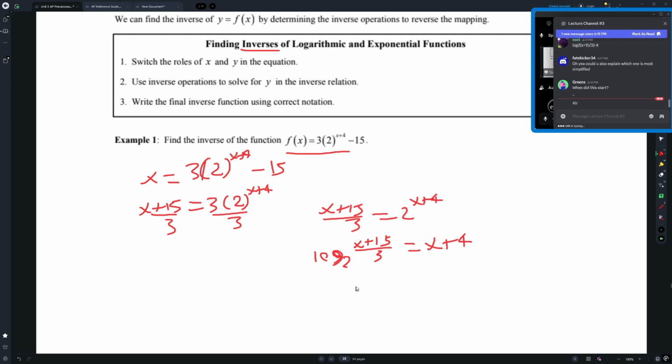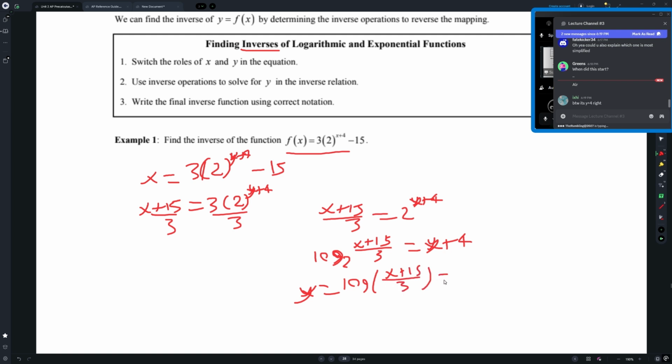Then you would say x is equal to, oh yeah, log base 2 of x plus 15 divided by 3 is equal to x plus 4, so minus 4.